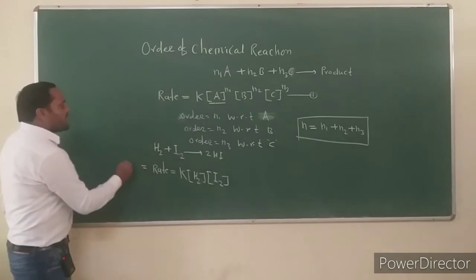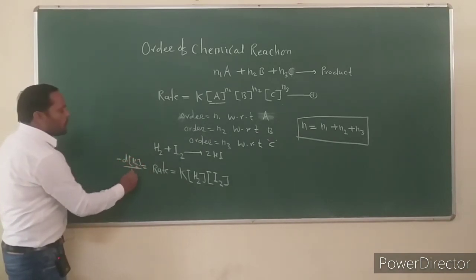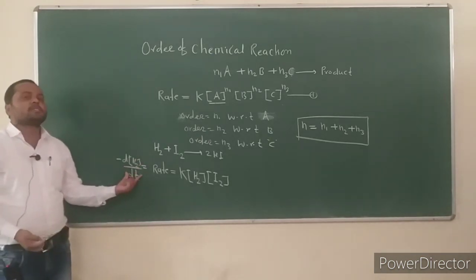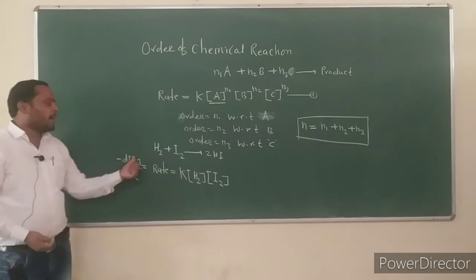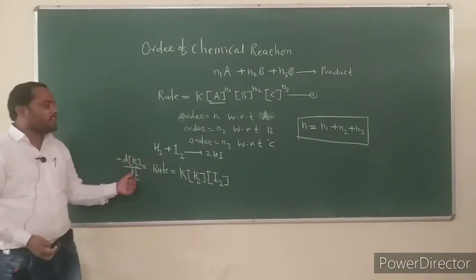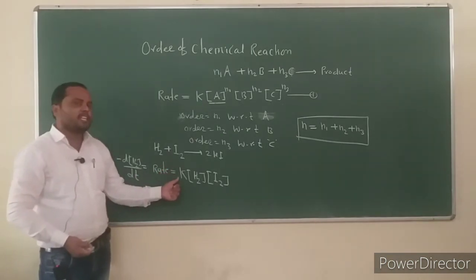This rate we can simply represent in terms of the decrease in the concentration of H2 with time dt. The expression for rate of reaction is minus d[H2] upon dt.